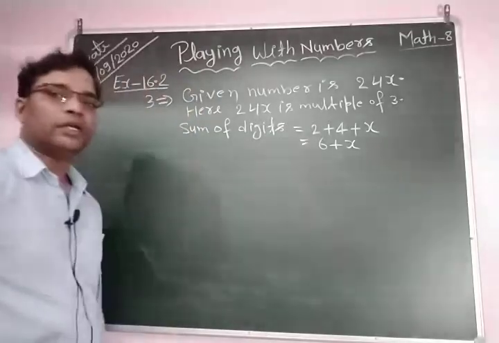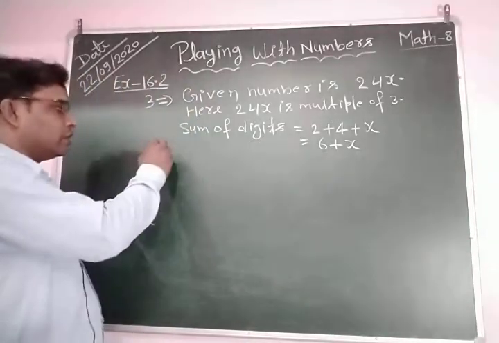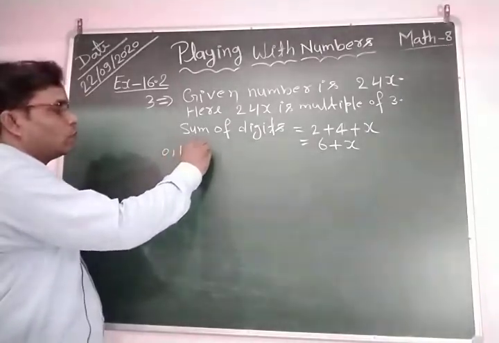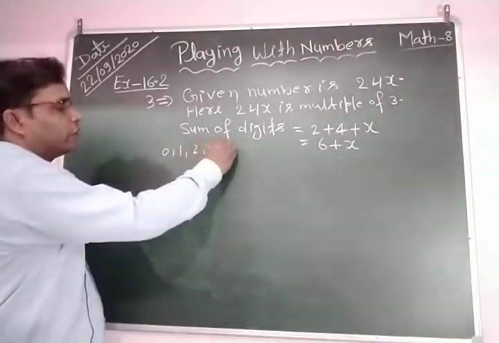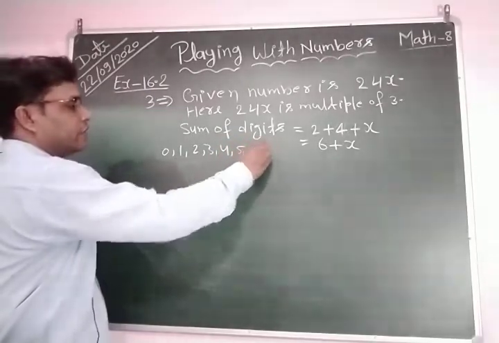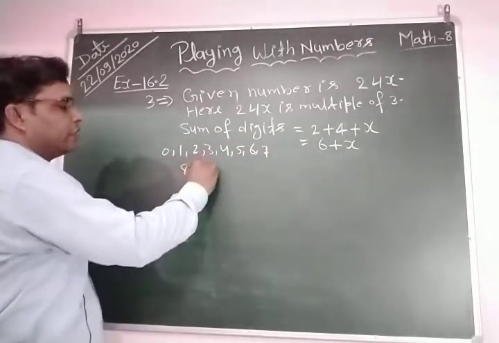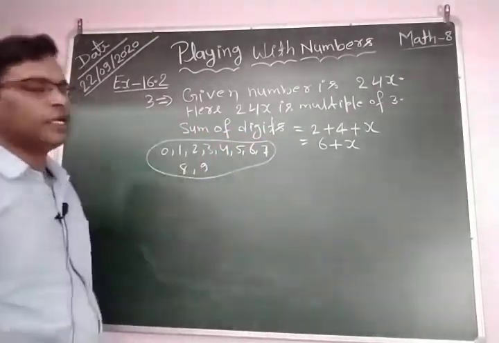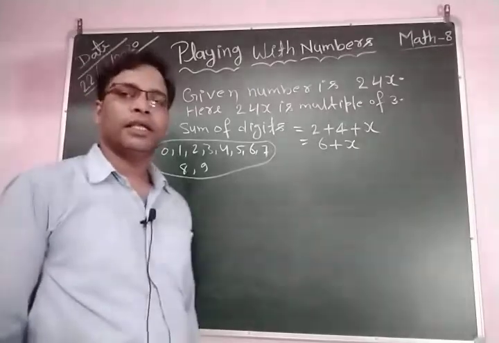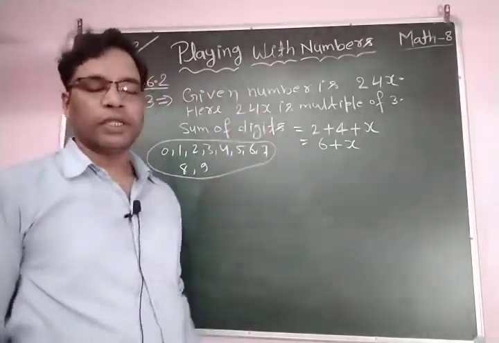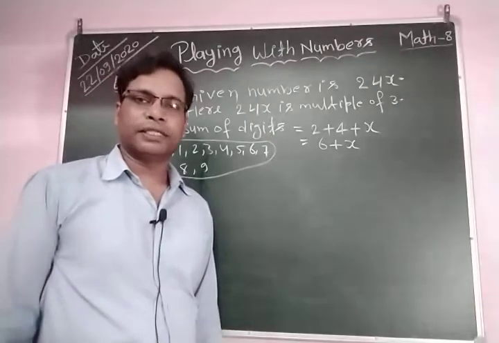The digits are 0, 1, 2, 3, 4, 5, 6, 7, 8, 9. We put them one by one in place of x and find the values of x for which 24x is divisible by 3.